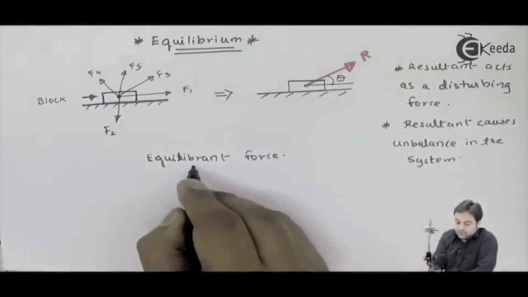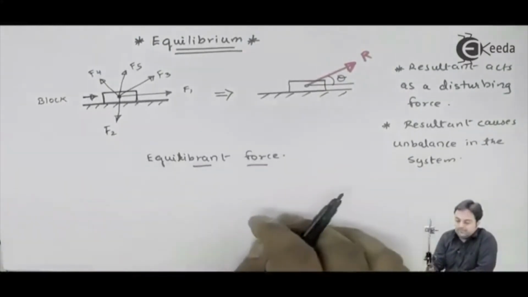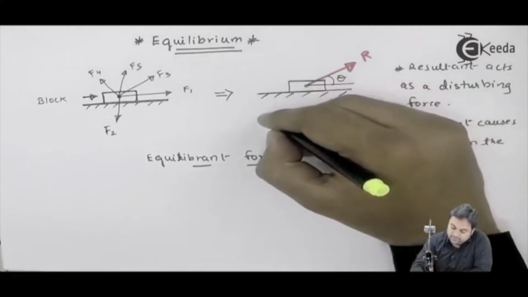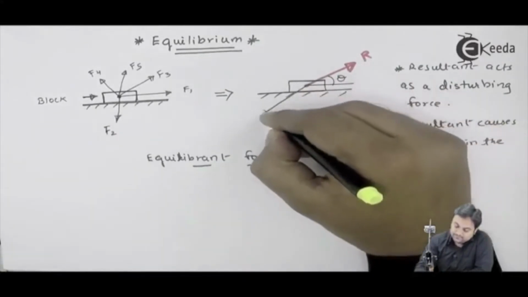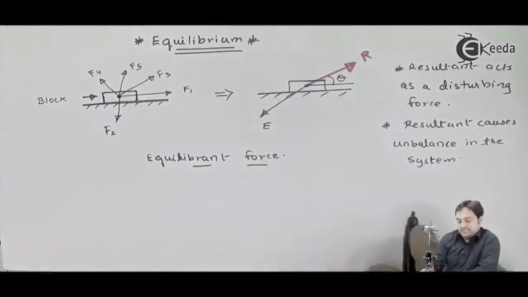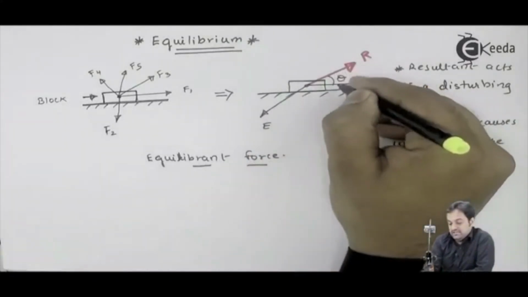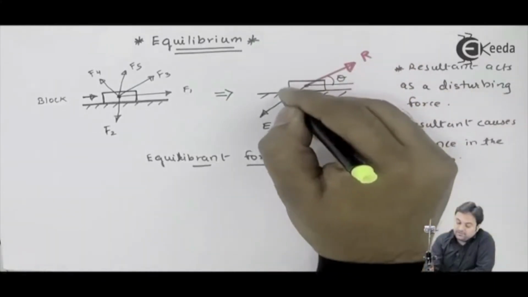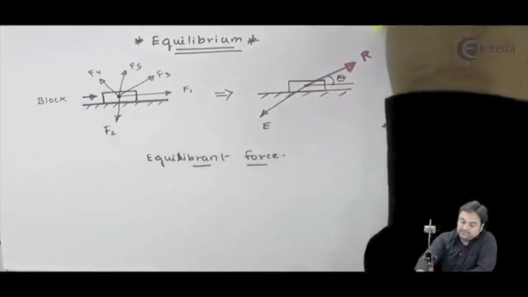And if we want to show this equilibrant force, it will be exactly opposite to resultant. If I say that capital E is my equilibrant force, the resultant was inclined at theta. Here even the equilibrant force would be inclined at theta.